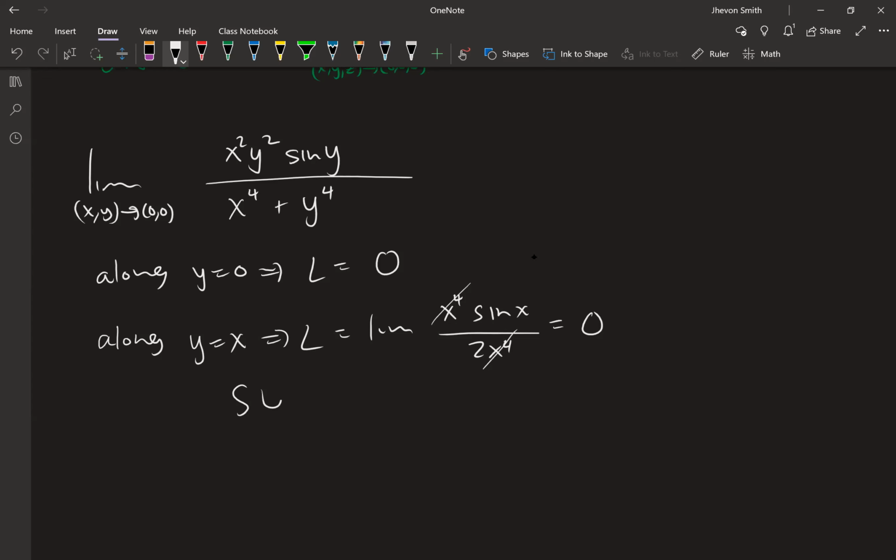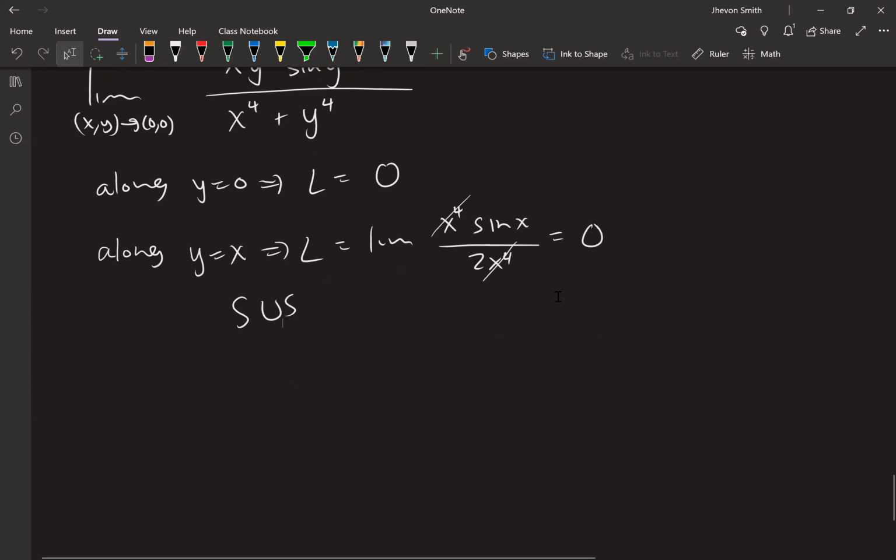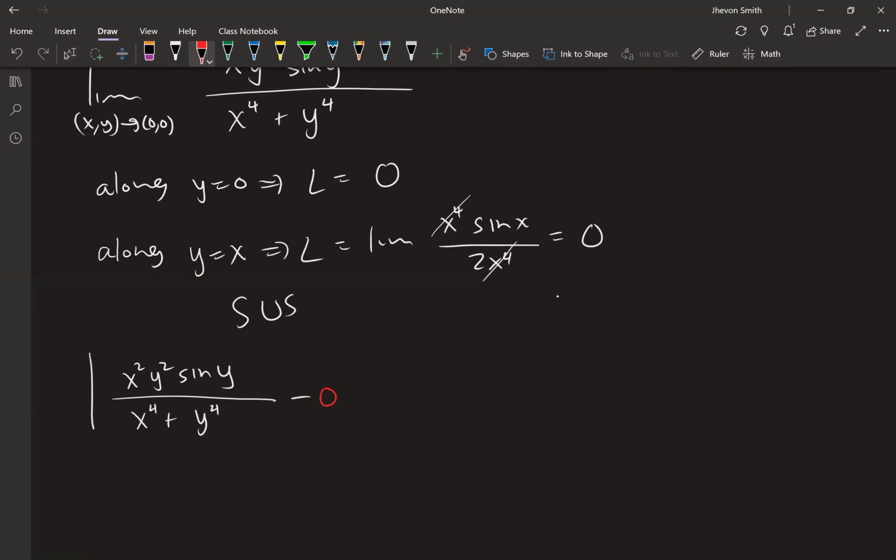So now you're suspicious it's going to go to 0. Okay, so now you think the limit is 0, so you're going to go x squared y squared sine y over x to the fourth plus y to the fourth minus 0.